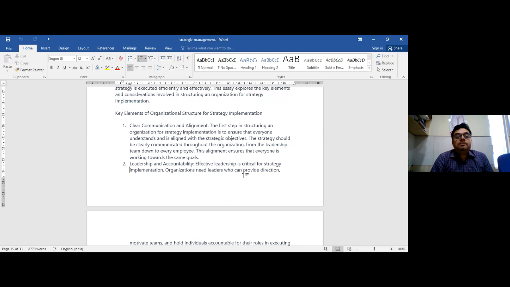Everyone understands and aligns itself with the strategic objectives. The strategy should be clearly communicated throughout the organization, from the leadership team down to every employee. This alignment would ensure that everyone is working towards the same goals.